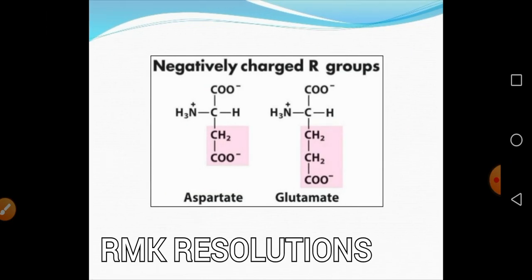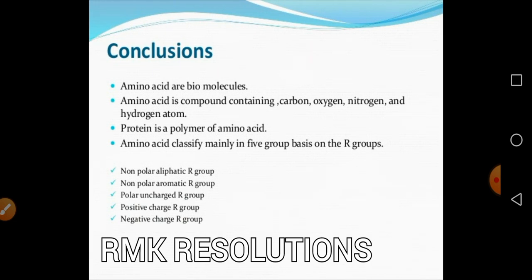So aspartate and glutamate are the negatively charged amino acids. Okay, so we have seen all the structures of the amino acids, and we have also learned the classification of amino acids on the basis of their R group.